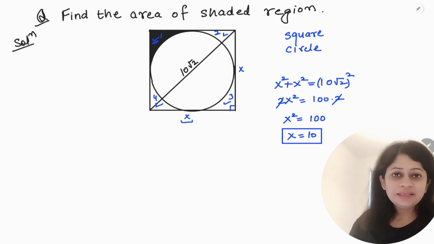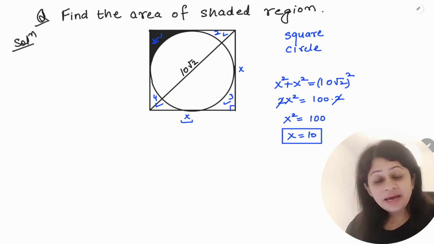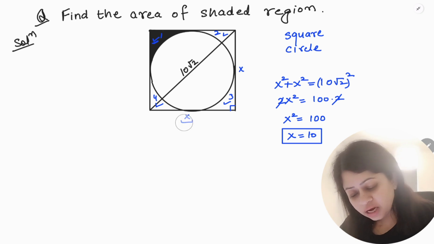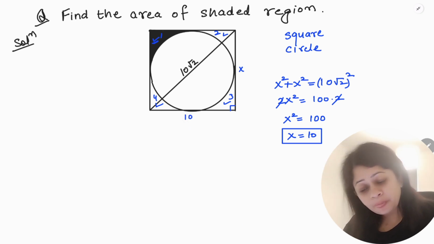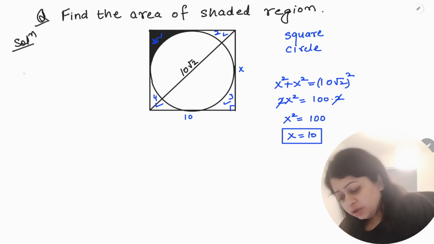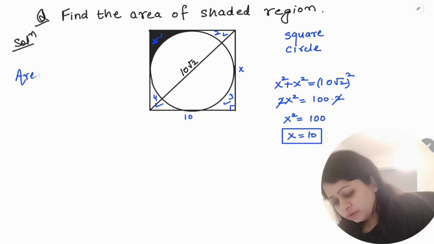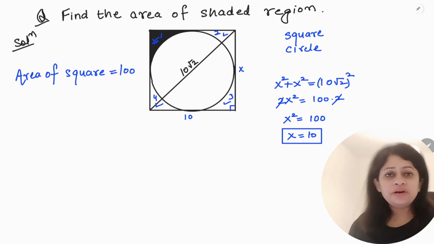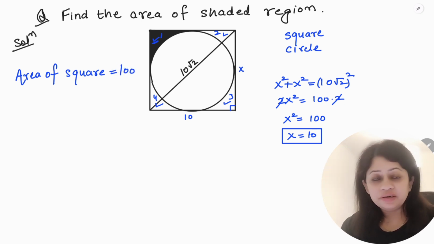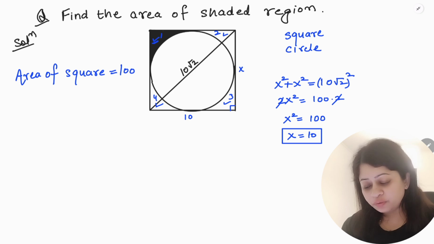So x is 10. Area of square is equal to 100. Whatever the unit is, I'm not mentioning it, whether centimeter square or meter square.